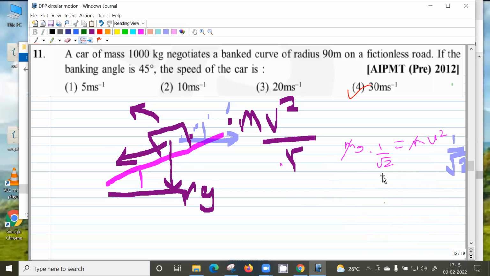But that mv square opposite to that won't be mv sin theta. mv square by r is not along that plane. So the component along the plane, this angle is the same as 45 degrees. So a 1 by root 2 factor will be there. Okay. So v square will be, root 2 will cancel.